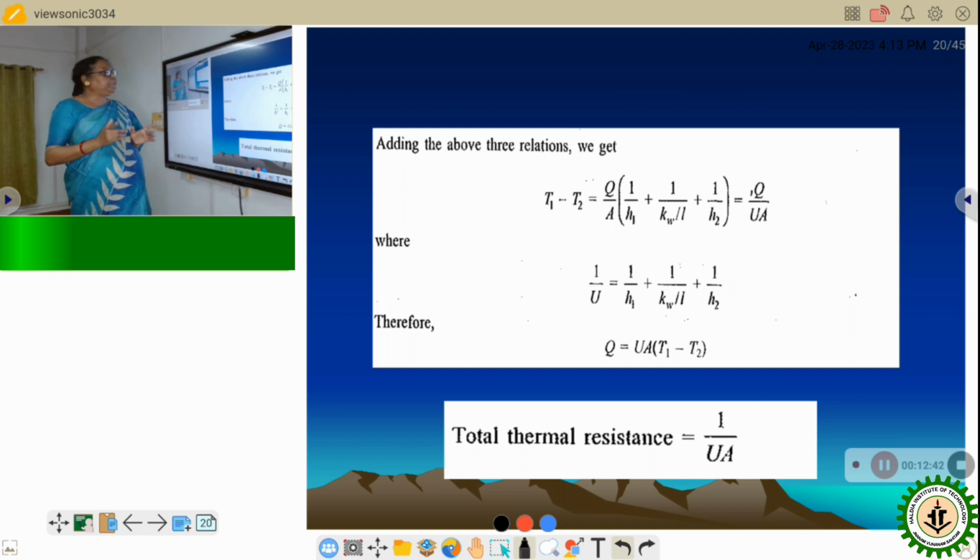That means Q by UA, where U is the overall heat transfer coefficient, and 1 by U is equal to 1 by h1 plus L by Kw plus 1 by h2. And this equation can be written as Q is equal to U times A times delta T, and the total thermal resistance is given by 1 by UA.